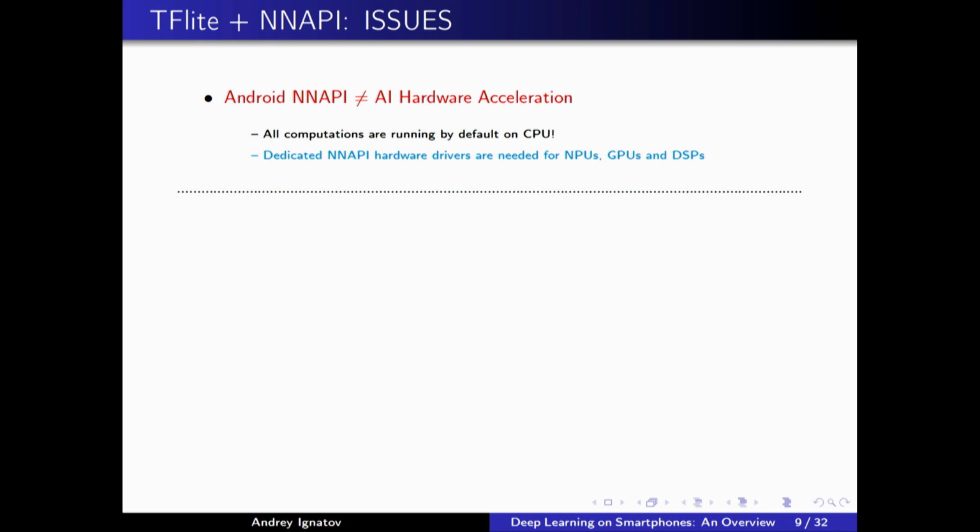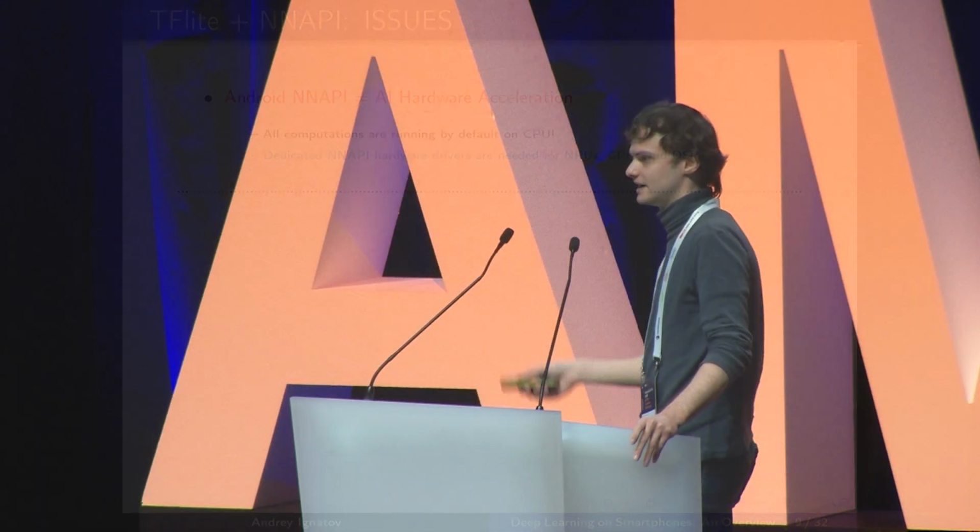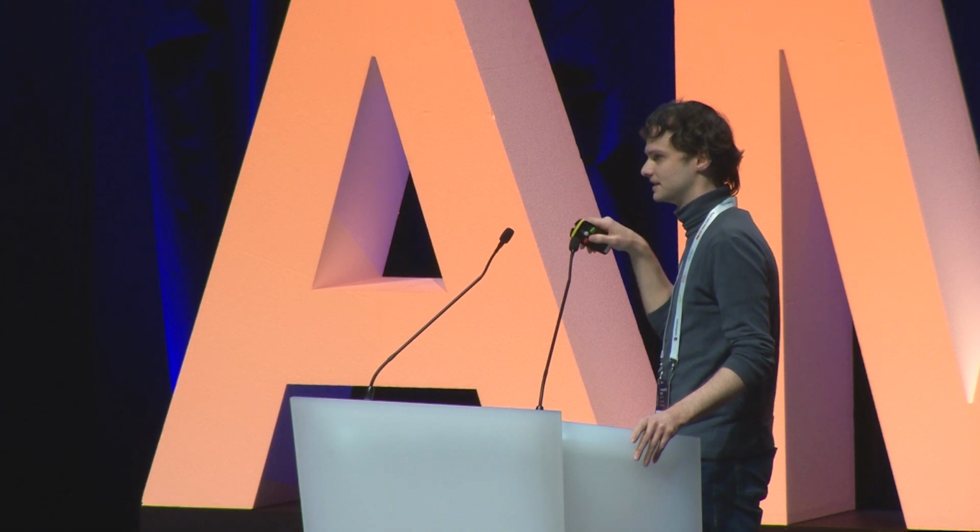First of all, you should understand that NNAPI is not equal to hardware acceleration. NNAPI is just a middle layer between high-level machine learning libraries and actual device drivers. So if there are no drivers, there won't be any acceleration. And these drivers should be written by SoC vendors.